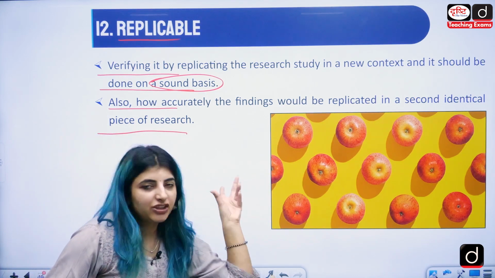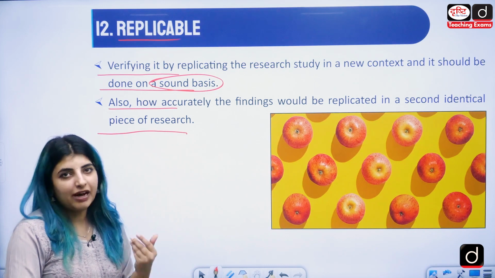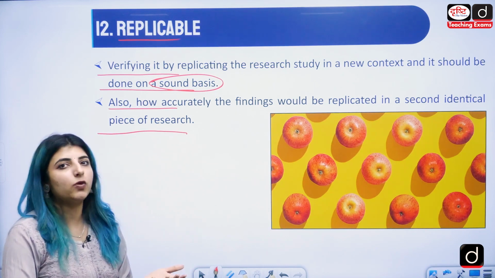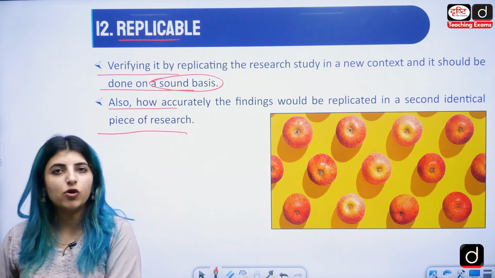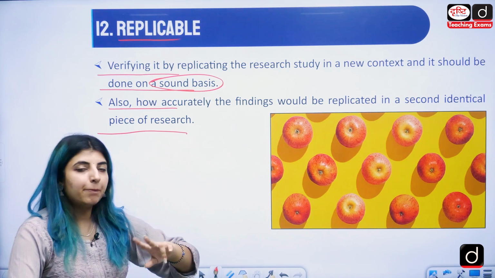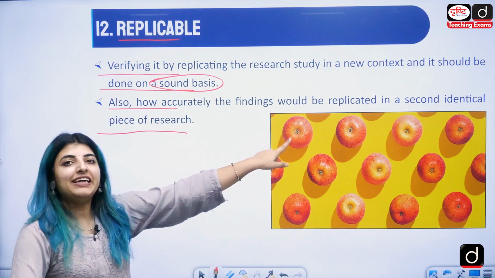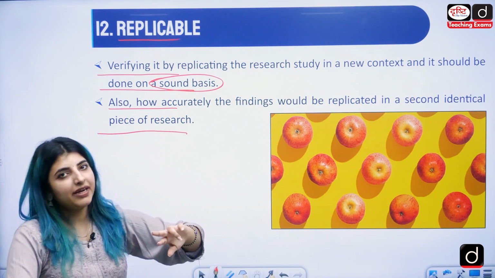Identical. Let's just say if in first research, जब न्यूटन ने gravity की theory दी थी, then he tried to talk about the apple and all. धीरे धीरे बाकी चीजों पे उस चीज को अप्लाई करके देखा जाने लगा, right? So the replicability was there, but we see identical, not same, but identical. It could be same, it could be identical, right?